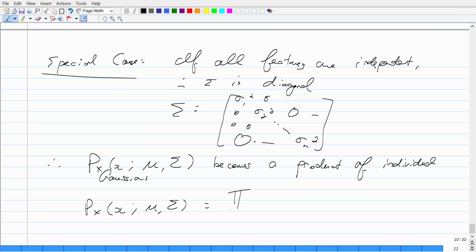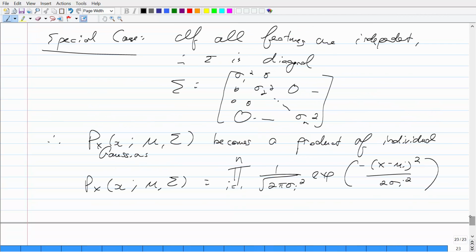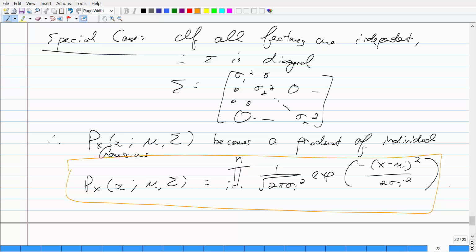The pi is the product, and it looks like this. If you were to take this and plug it into that multivariable expression and simplify it, I won't bore you with the math, but it simplifies to this. Okay, so if every single one of your features is independent, then the multivariable probability distribution function is simply taking each one of the features, building an individual Gaussian, and multiplying them all together. So that's what it would be.